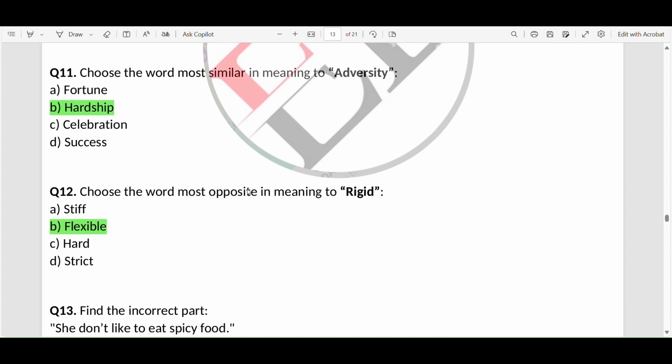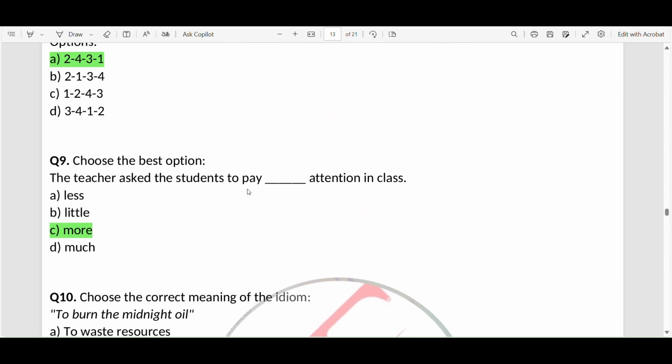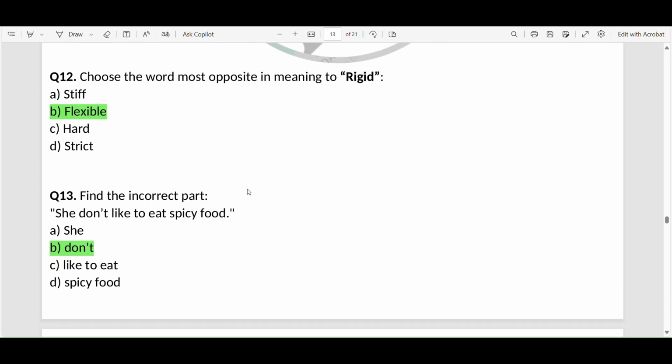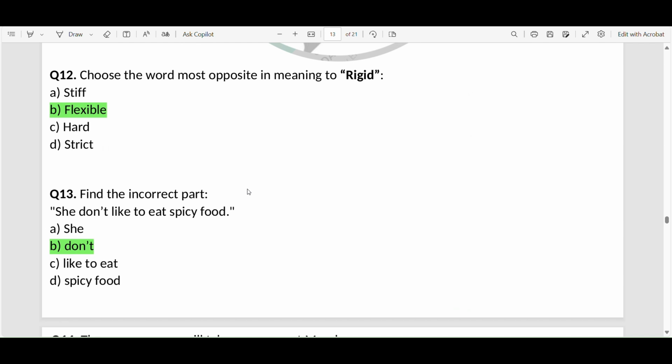Let's go into the next question, question number 11. Choose the word most opposite in the meaning to rigid. Rigid is nothing but strong. The meaning of rigid is strong, and when you see all the options, stiff is the same as strong, and hard.